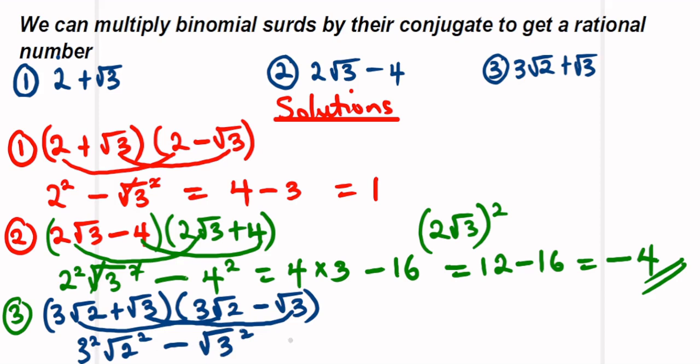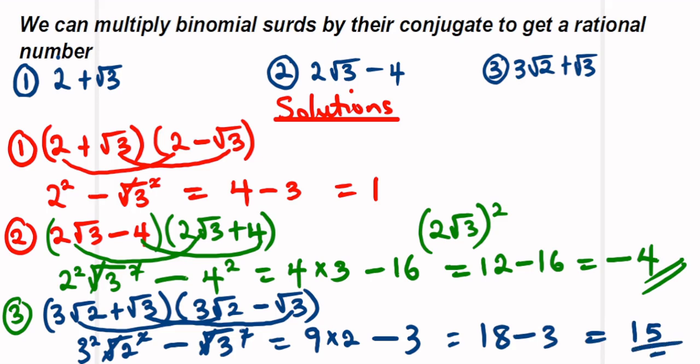Now 3 square is 9. Then square root cancels square, we have times 2 there. So we have minus, square root cancels square, we have 3. Now 9 times 2 is 18, minus 3. 18 minus 3 is going to give us 15. So this is the answer for these questions. So now let's move to the next part.